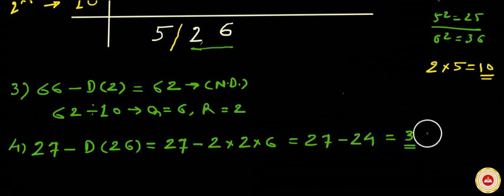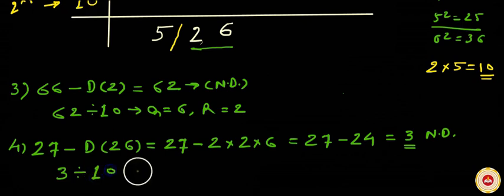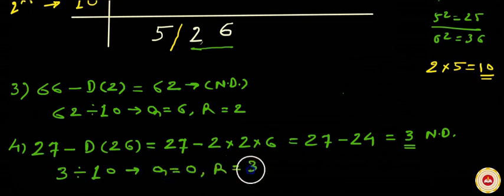This 3 is net dividend. Now you can divide net dividend 3 by divisor 10, which gives you quotient 0 and remainder 3.